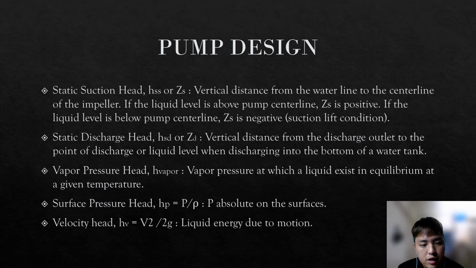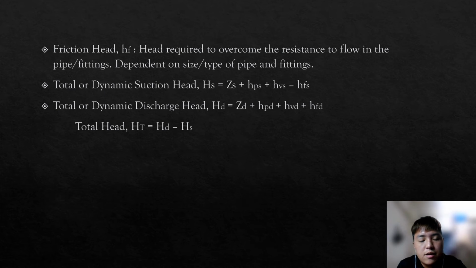And the velocity head, HV, is equal to V squared over 2g, where g is the gravitational acceleration. The HV is the liquid energy due to motion. Friction head, HF, is the head required to overcome the resistance to flow in the pipe or fittings. It is dependent on the size and type of the pipe and fittings.